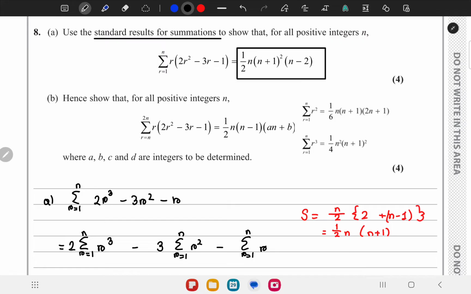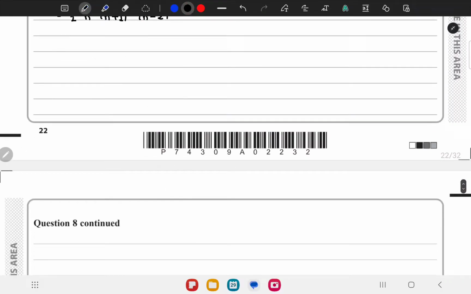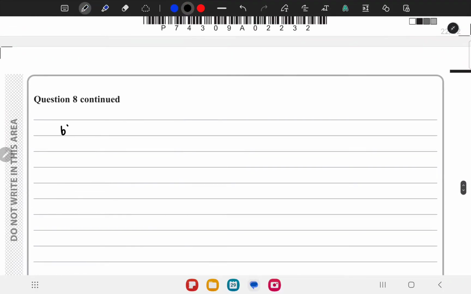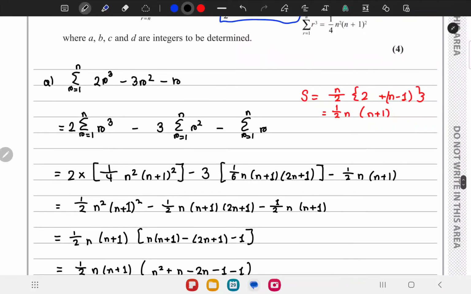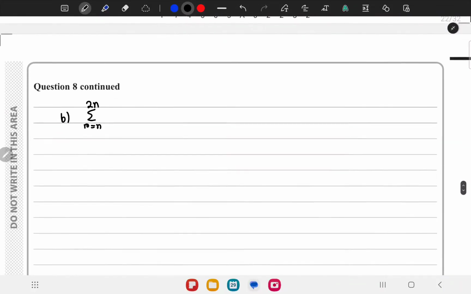Now we have to show in part B that for all positive integers n, the summation from n to 2n for the same thing is this expression over here. So for the same expression, we need the sum from n to 2n.